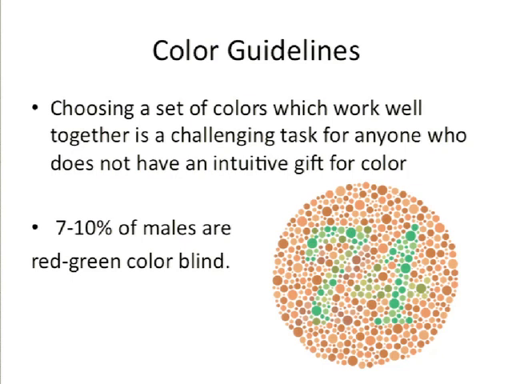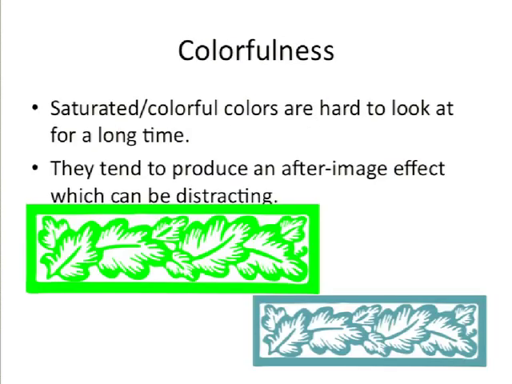Then there are a few notions about color which we'll get into, not a lot. These things are intuitive. One is that very colorful or saturated colors are hard to look at for a really long time. And you can have this sort of after effect where you see all black or sparks or whatever. If you want someone to be studying your plot, using really saturated colors is not a good idea.